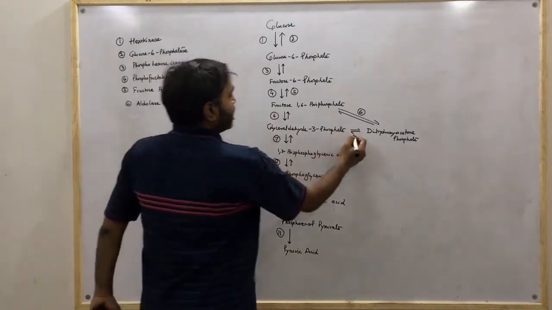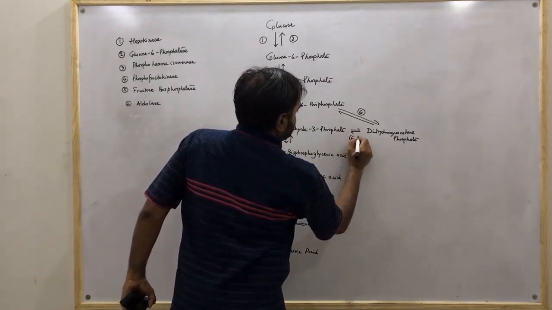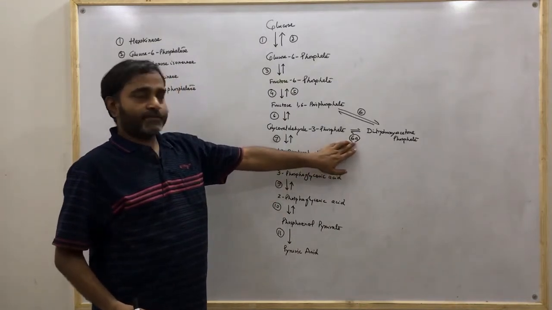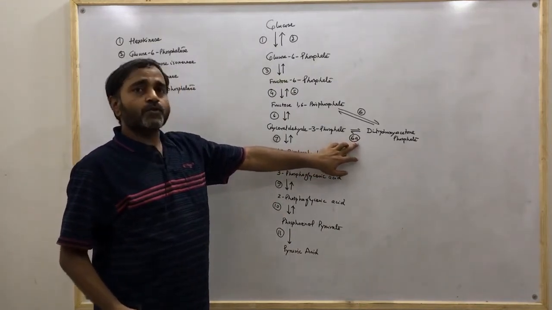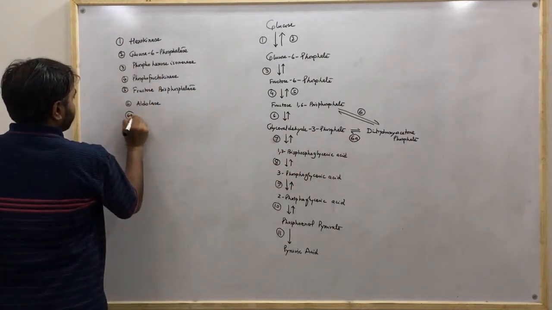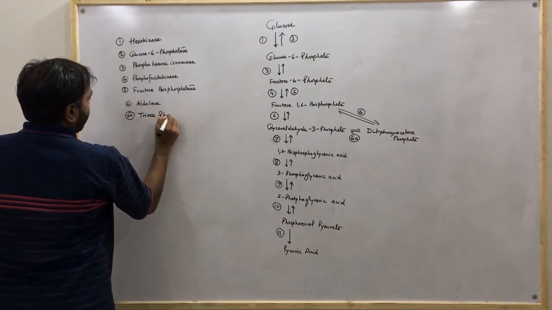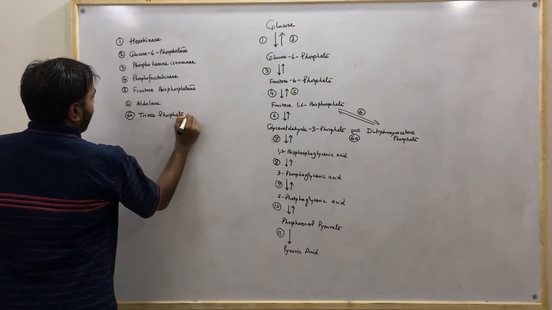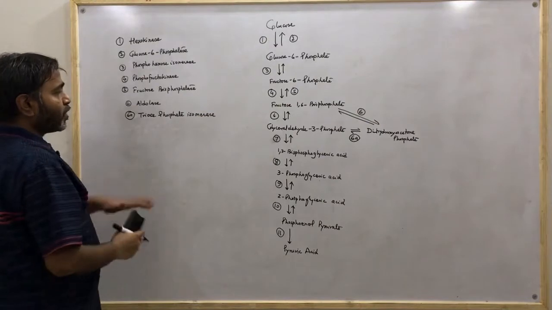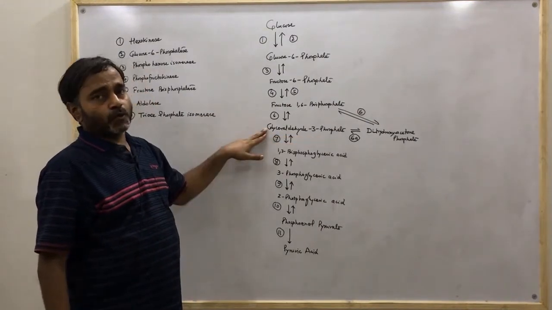So we will just number it as 6A, for our convenience, because it is left. So it is triose phosphate isomerase. And why is it called triose? Because these are basic triose sugars.